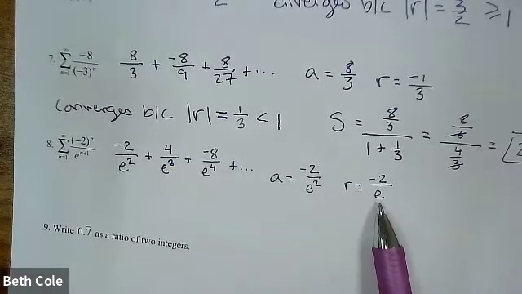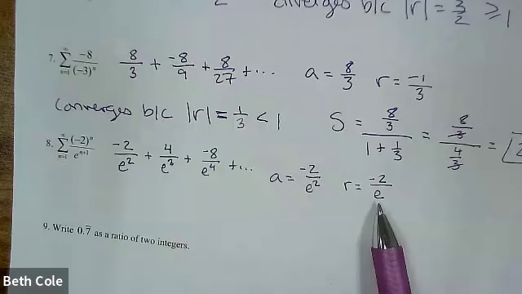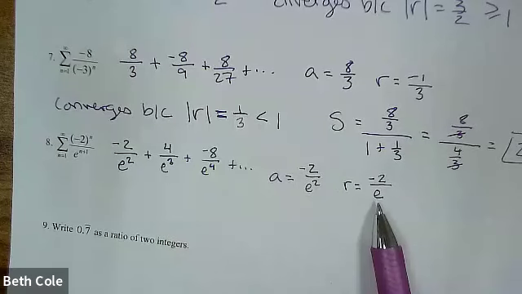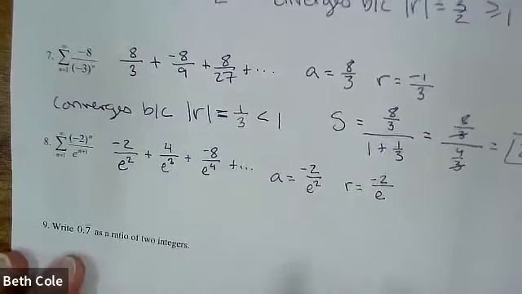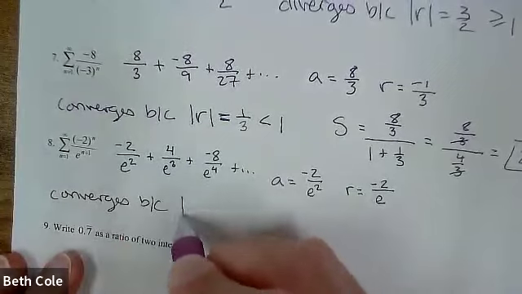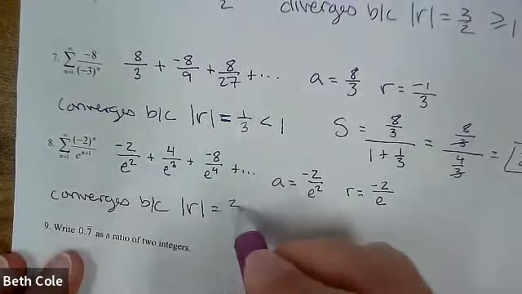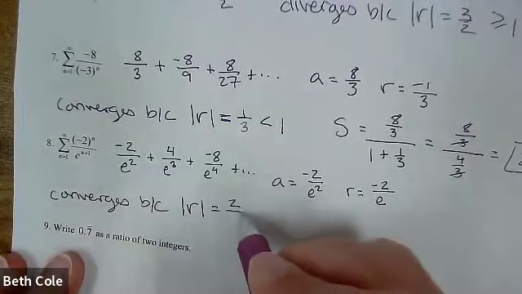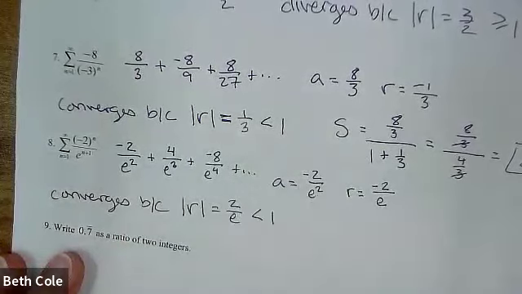Again, e is about 2.7. So if you have 2 over 2.7, is that bigger or smaller than 1? Smaller. If the denominator is bigger, you have a fraction that's smaller than 1. So we're going to say converges because the absolute value of r is 2 over e, which is less than 1.